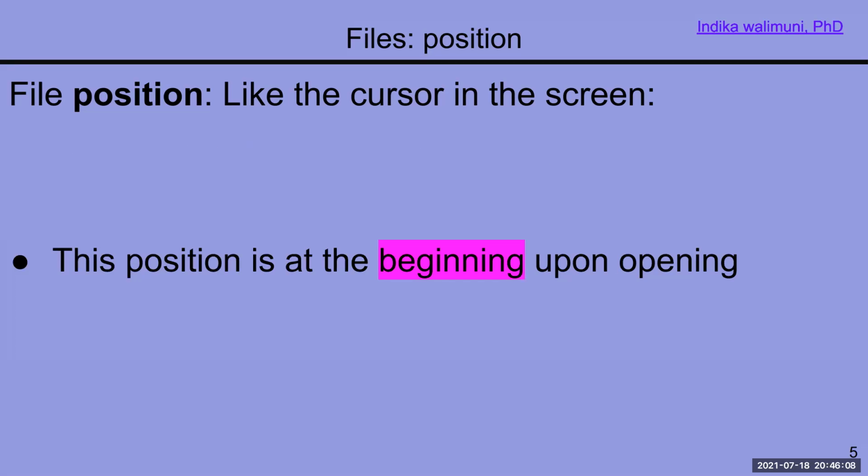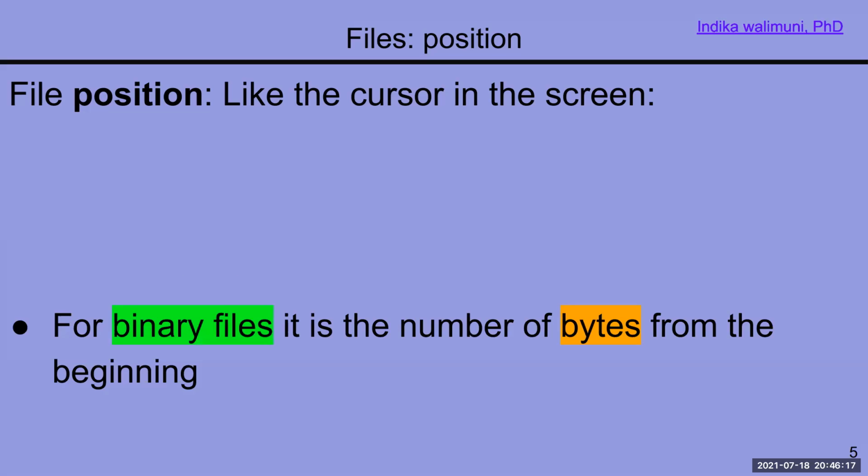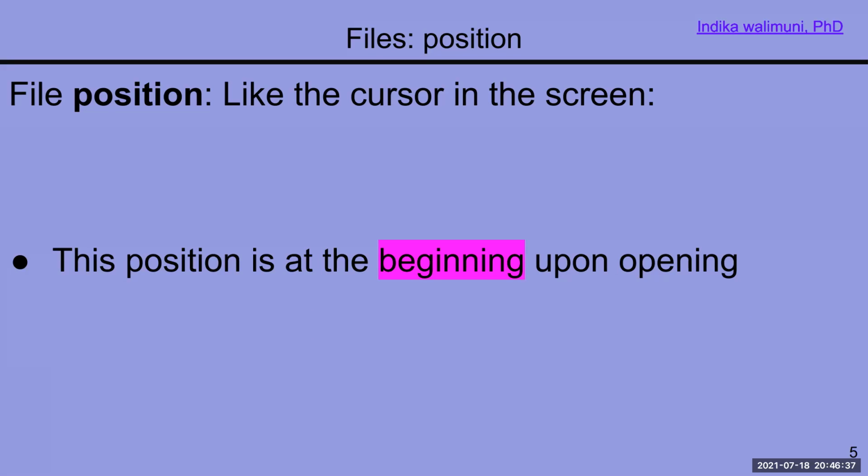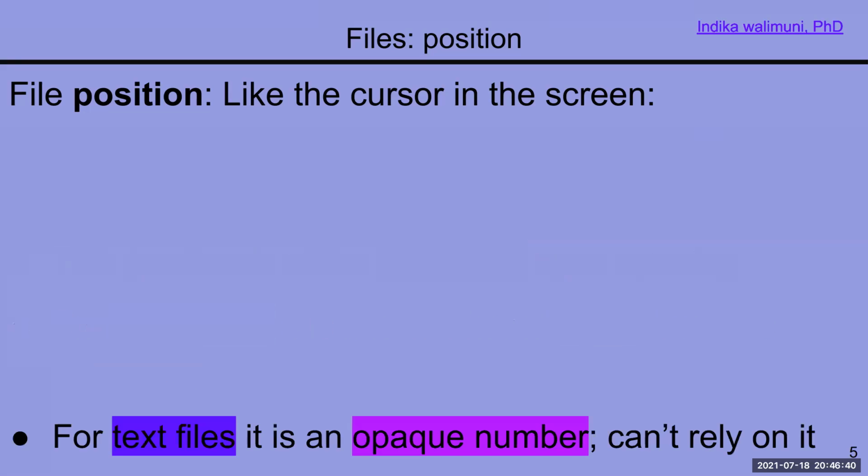Upon opening, this position is at the very beginning of the file. For binary files, this position tells you how many bytes from the beginning of the file. For a text file, it's kind of opaque numbers, as Python says, so you cannot 100% rely on it.